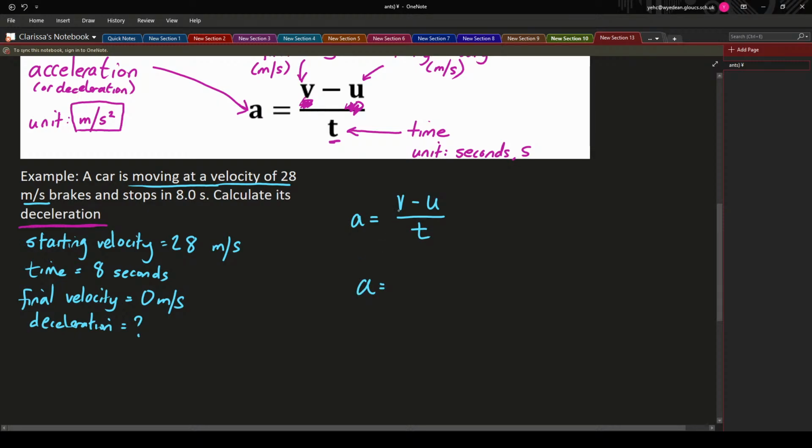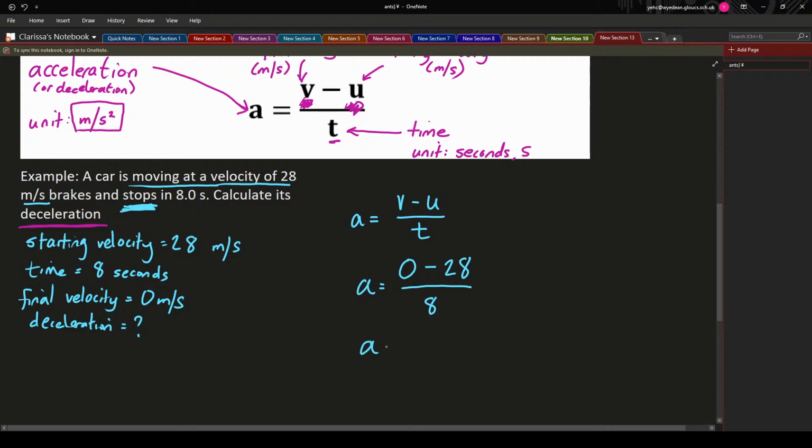Do I have something for my V, my final velocity? I do. It's 0 because in the question it said it stops. So my final velocity I know is 0 minus my starting velocity, 28, over the time it took for this change in velocity to happen, which is 8 seconds.